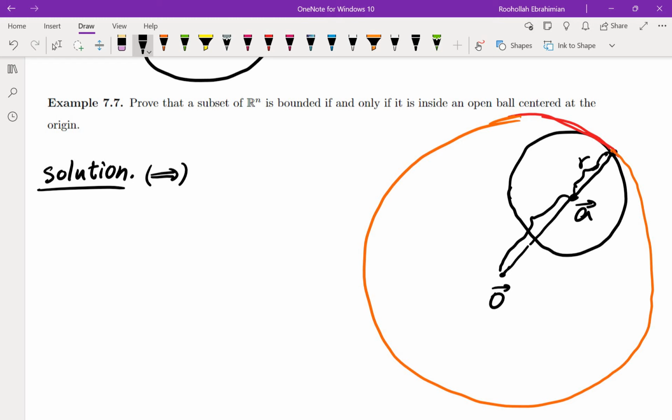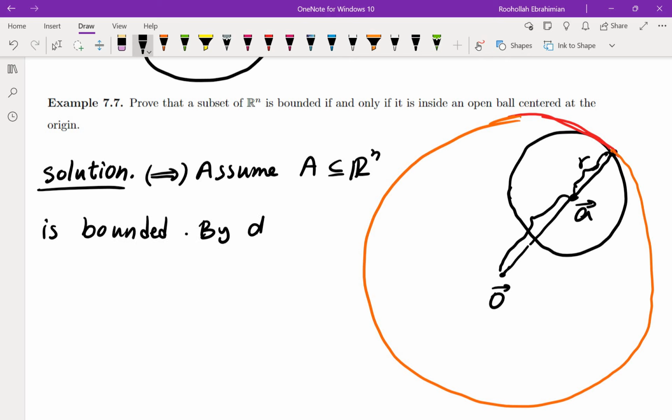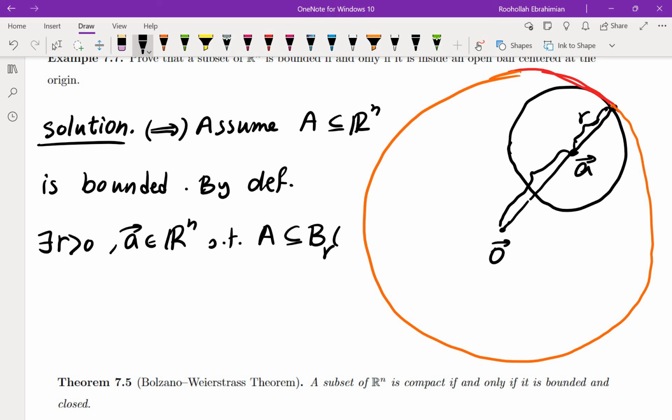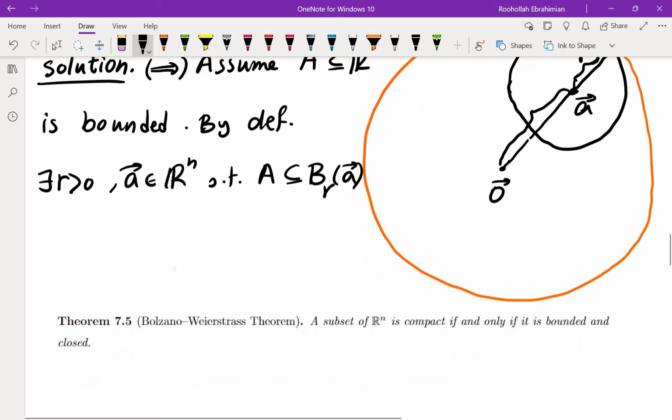Okay, so I'm assuming that the set is bounded. So assume A inside R^n is bounded. By definition, there is a positive real number R and a point A in R^n such that the set is inside the ball of radius R centered at A, because it is bounded.